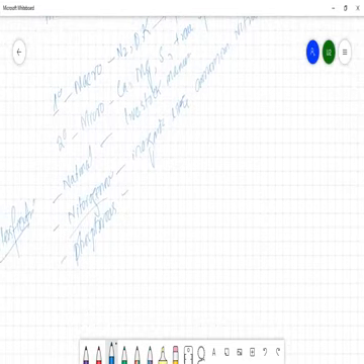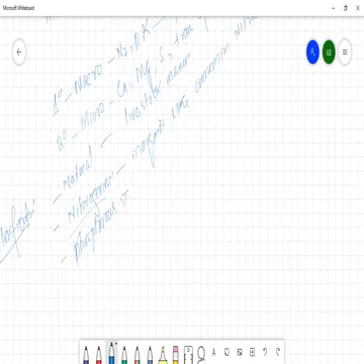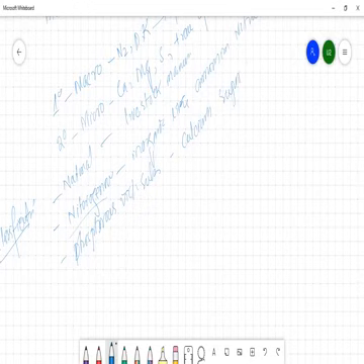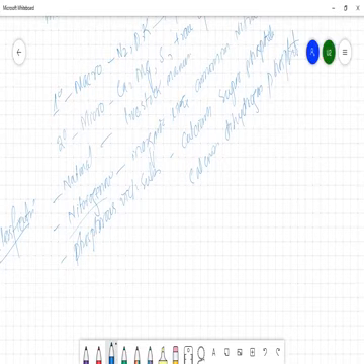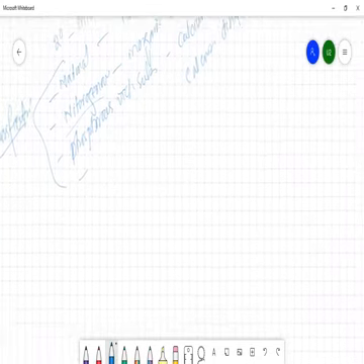Similarly, phosphorus rich substances, including calcium superphosphate, or it can be calcium dihydrogen phosphate. So these are the major classes of fertilizer on the basis of source.